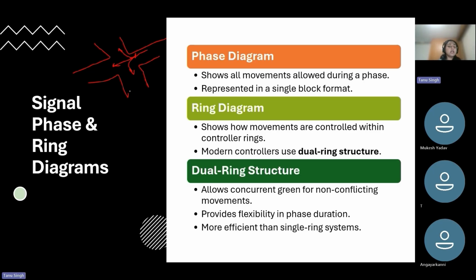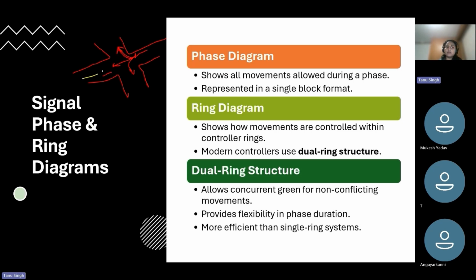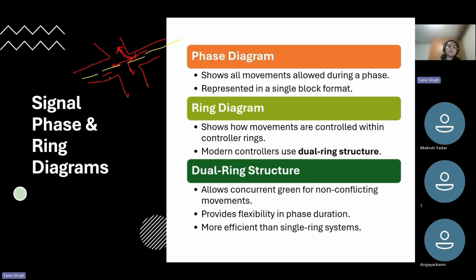So modern controllers use a dual ring structure. This allows concurrent green signals for non-conflicting movements. What does that mean? That means if we allow this movement together with this movement, whereas if there is a divider present on the road, then we apply the right plus straight for this.